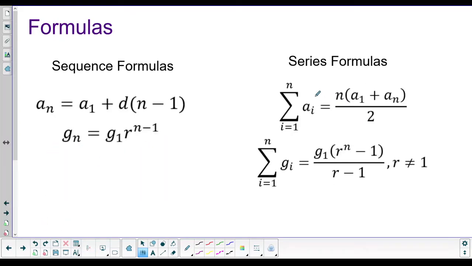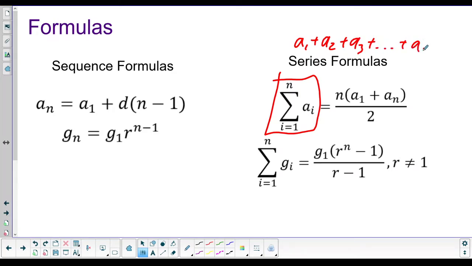Okay. Let's look at our series formulas. These are how we add up all the numbers that you get in these two lists. So this thing, don't trip about that. This is just a fancy way to write a1 plus a2 plus a3 plus ... plus an.